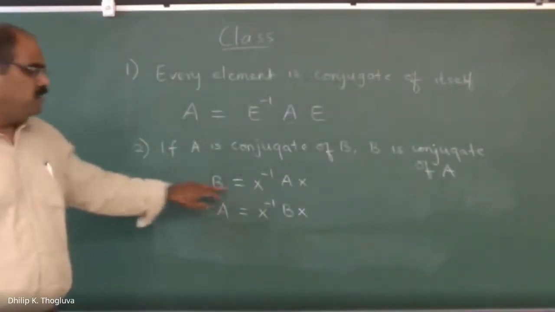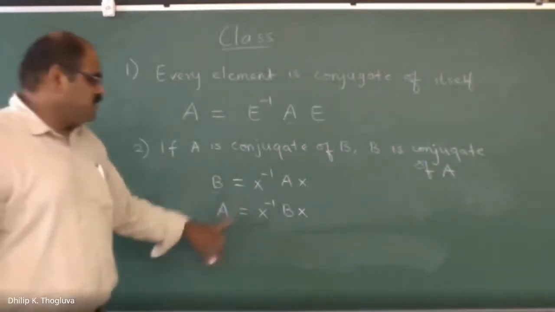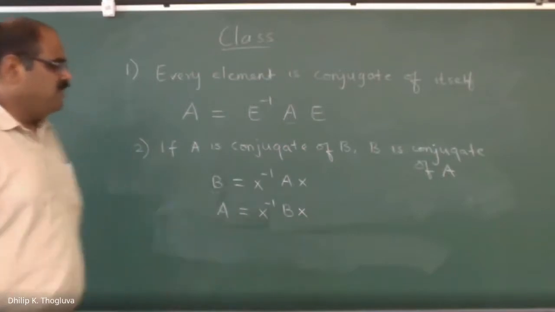B was giving us X inverse A X, and then one can get A equal to X inverse B X.